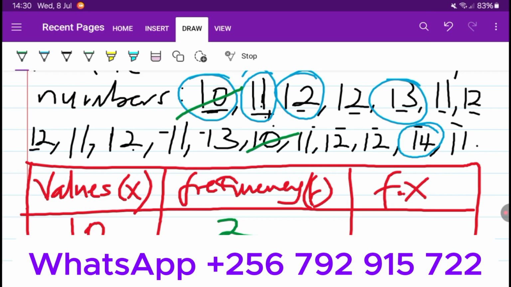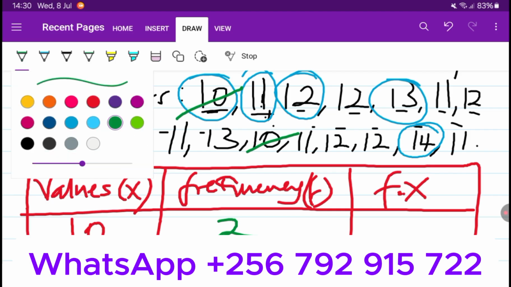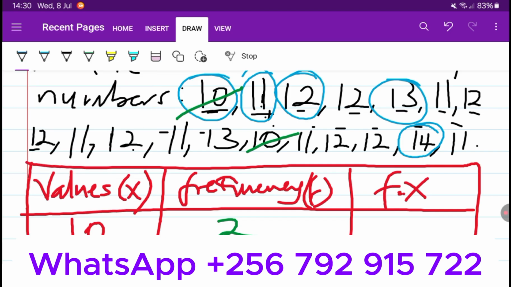I check how many times 11 appears. This is the first time, this is second, third, fourth, fifth, then sixth.